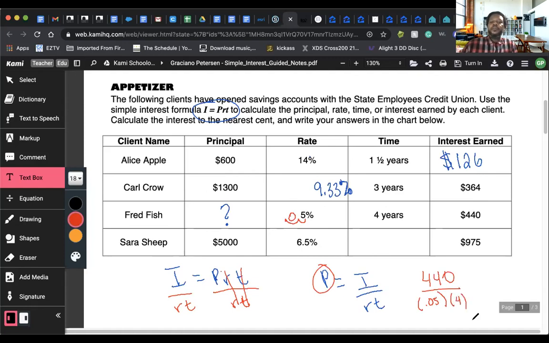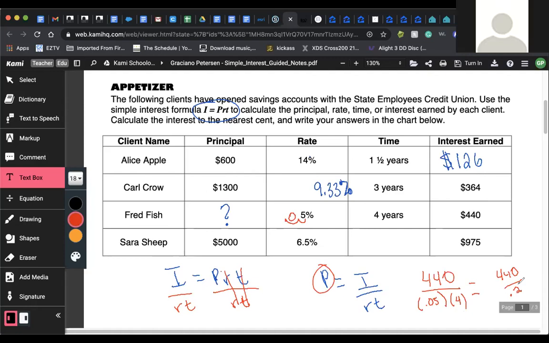Okay, so we have 0.05 times 4, which is just going to give us 0.2, right? We have 440 divided by 0.2. We can put that into our calculators. 440 divided by 0.2.